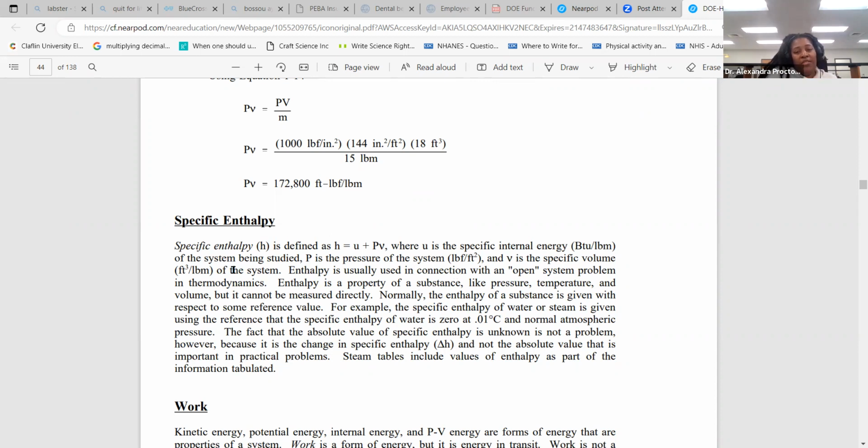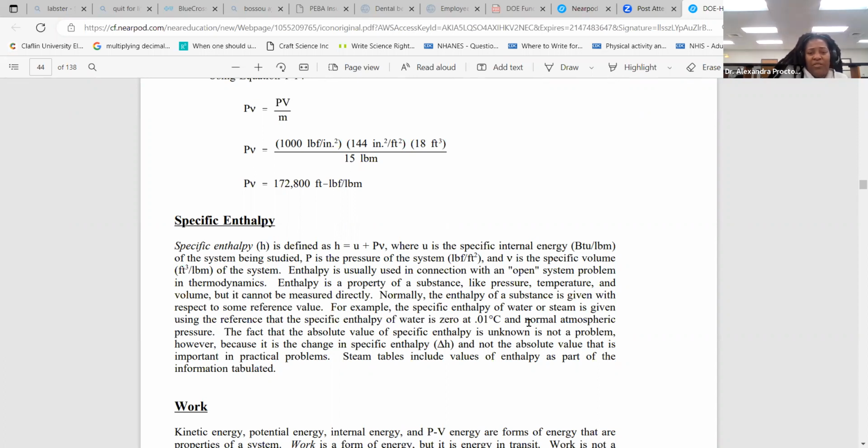Enthalpy is used in connection with an open system problem in thermodynamics. Enthalpy is a property of the substance. And like pressure, temperature, and volume, it cannot be measured directly.